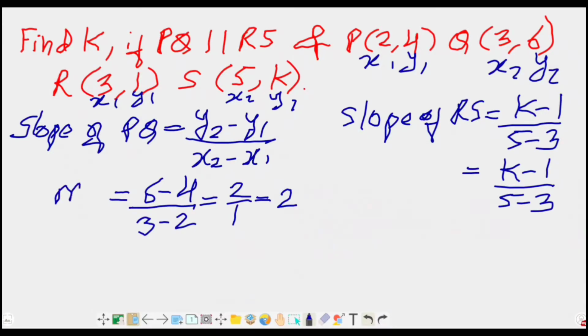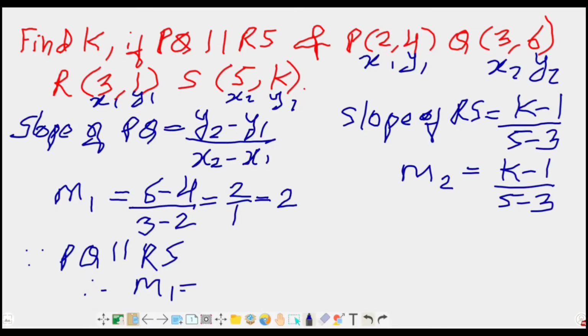Suppose this slope is m1 and this slope is m2. Now, since PQ is parallel to RS, therefore the slope of both lines is the same.